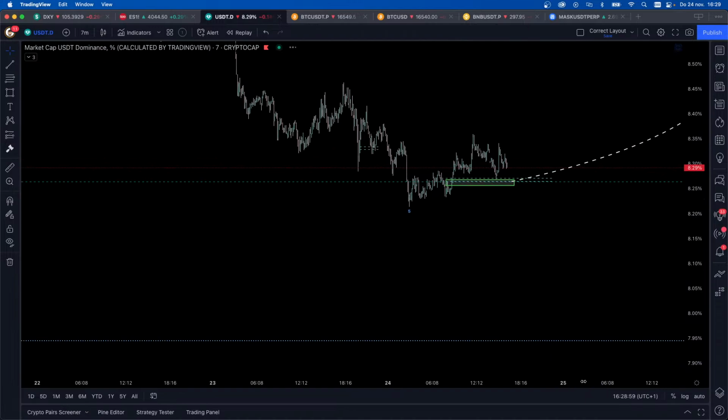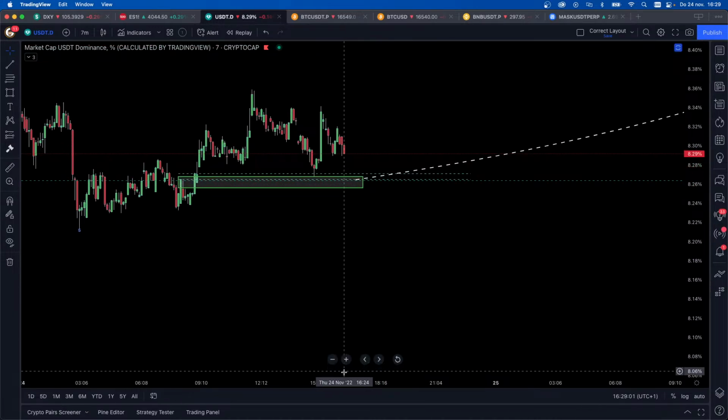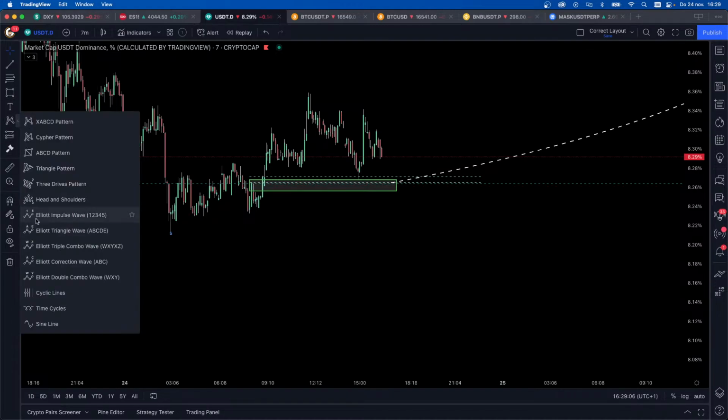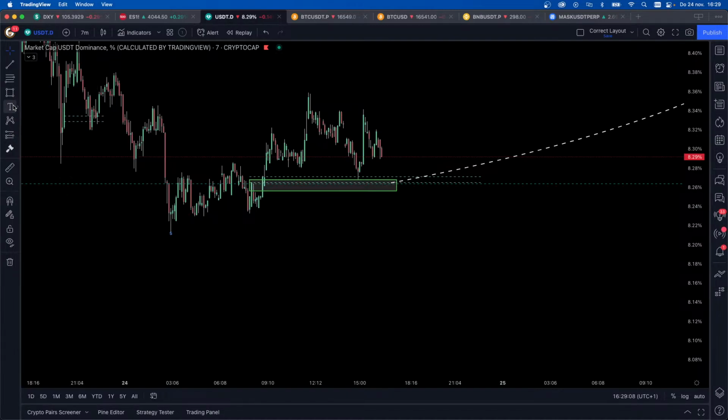Then you just need one chart, and it's this one. I want it to bounce right here.